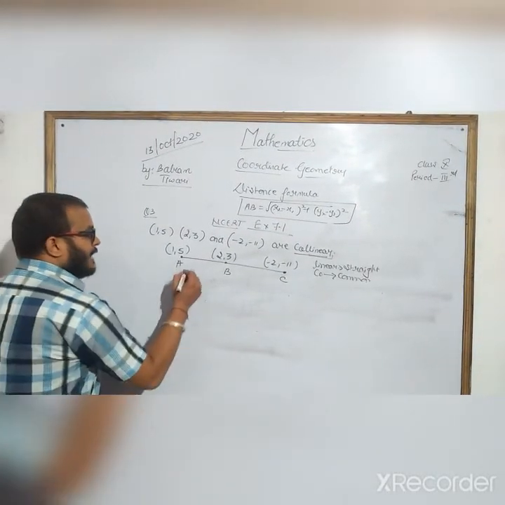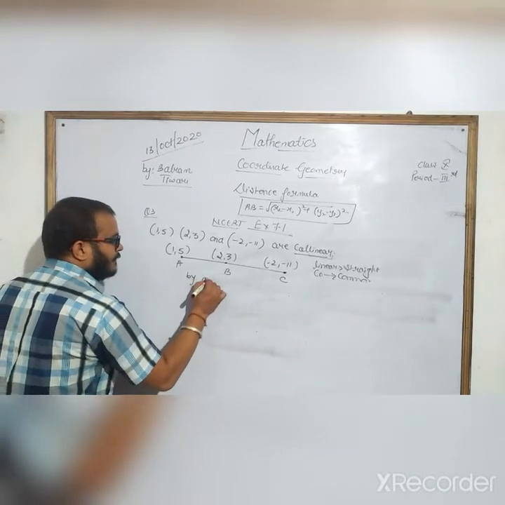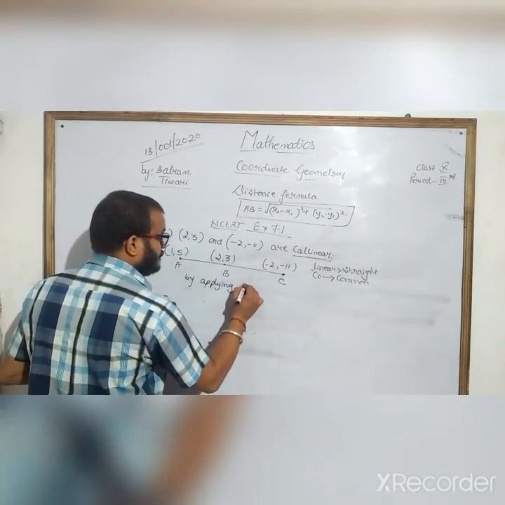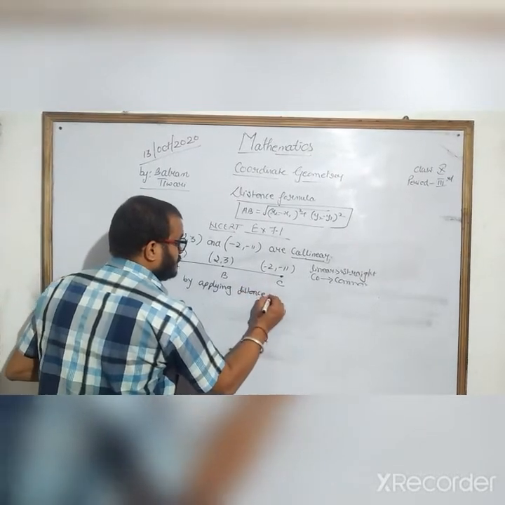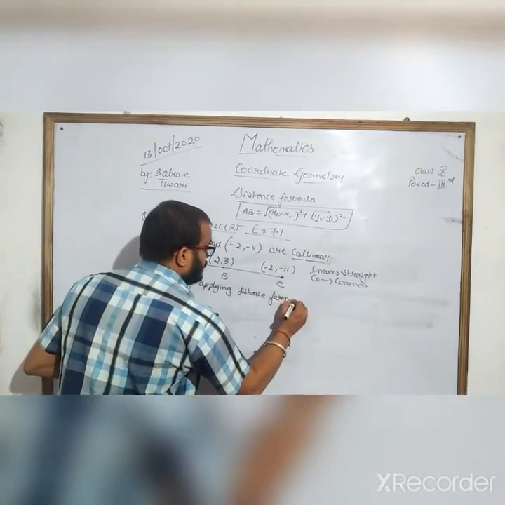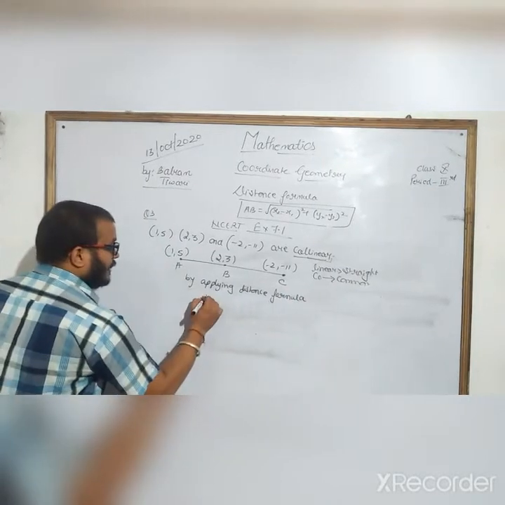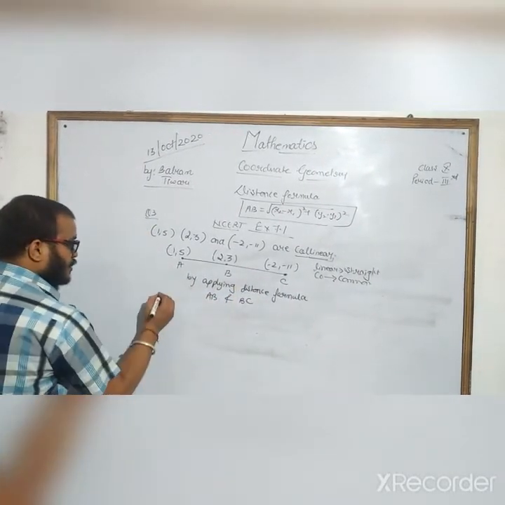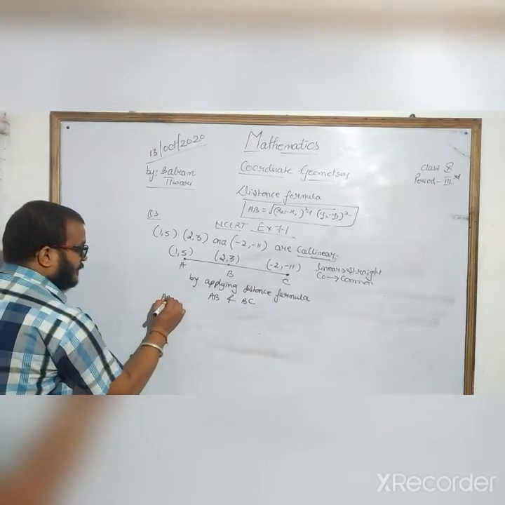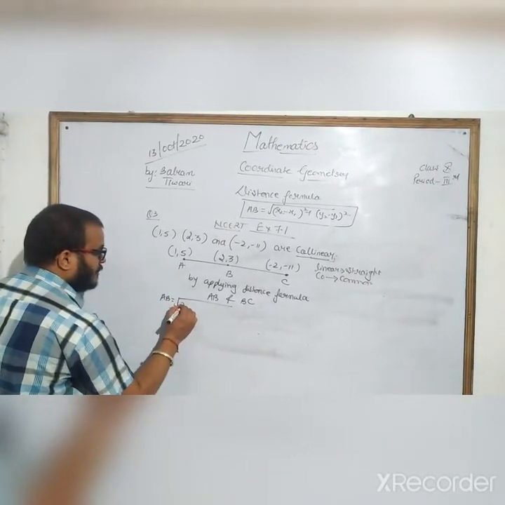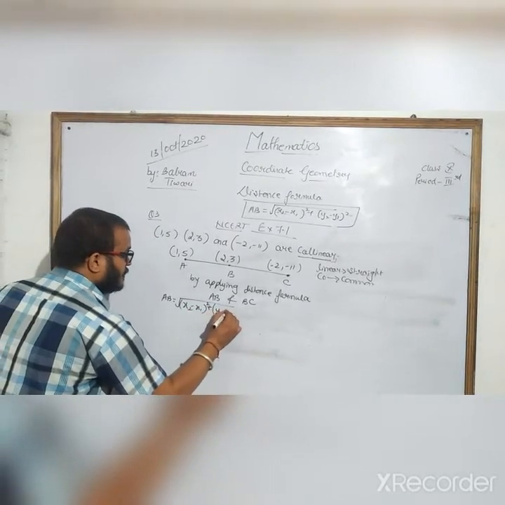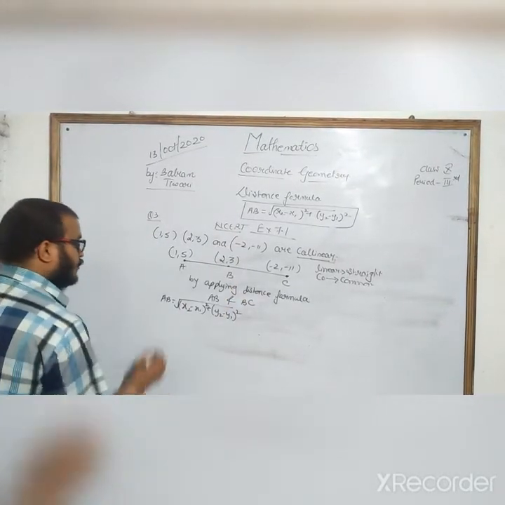Now, by applying the distance formula for AB and BC also. The distance formula for both AB and BC is the square root of x2 minus x1 of whole square plus y2 minus y1 of whole square.